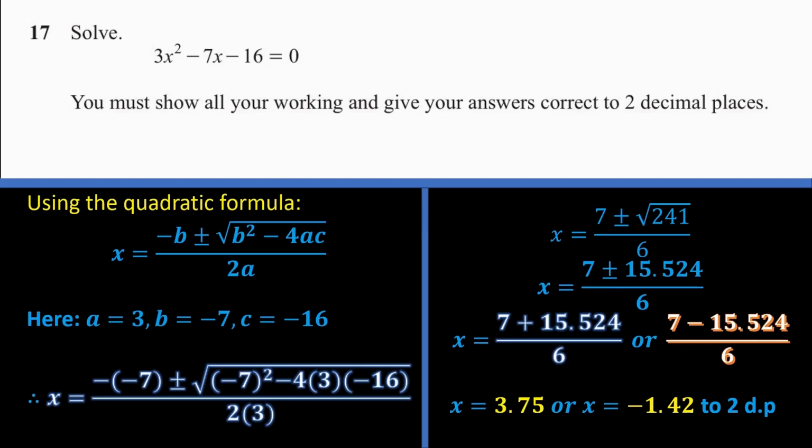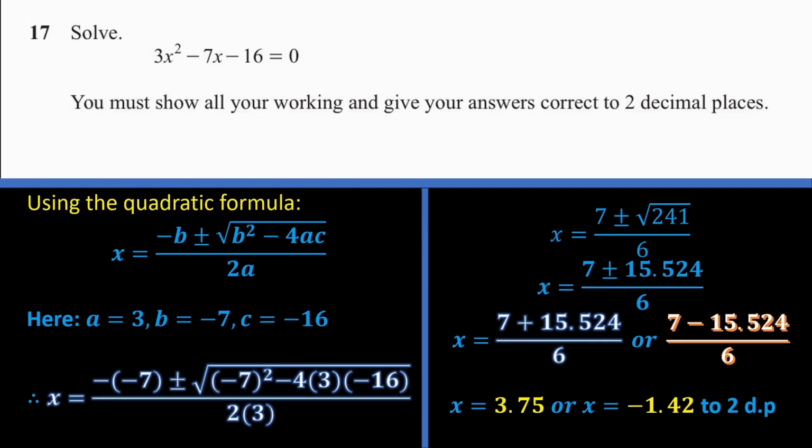Now we are going to break it into two parts because of the plus or minus. We take the first operation, which is addition, so we have s equals 7 plus 15.524 over 6, or s equals 7 minus 15.524 over 6.